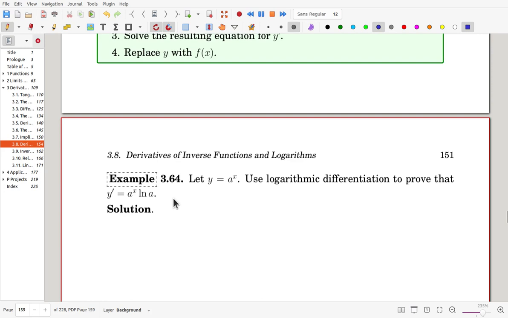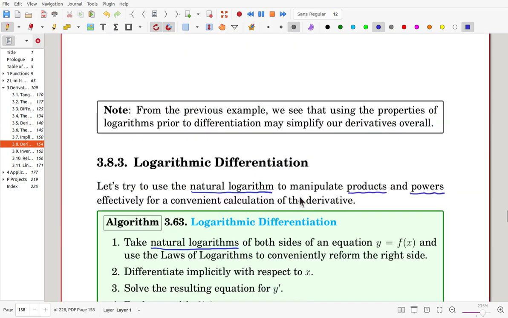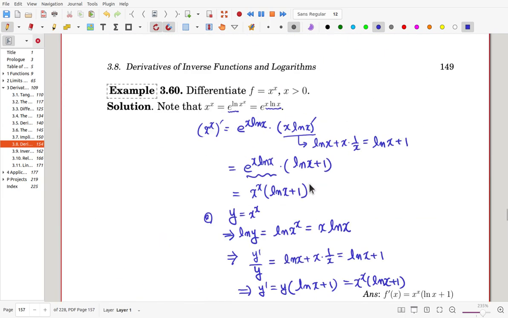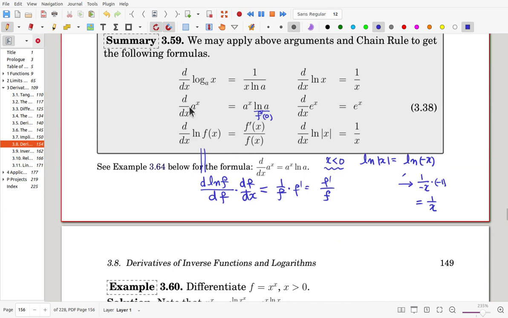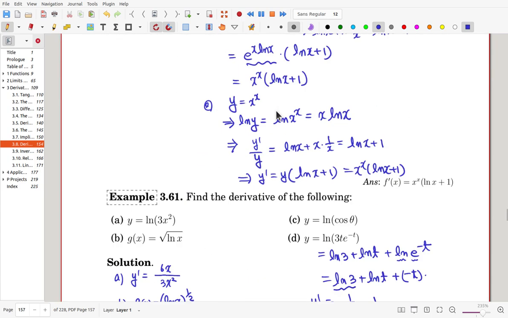Now, in this problem, f of x is given as a to the x. Use logarithmic differentiation to prove that the derivative of a to the x is a to the x times the logarithm of a.